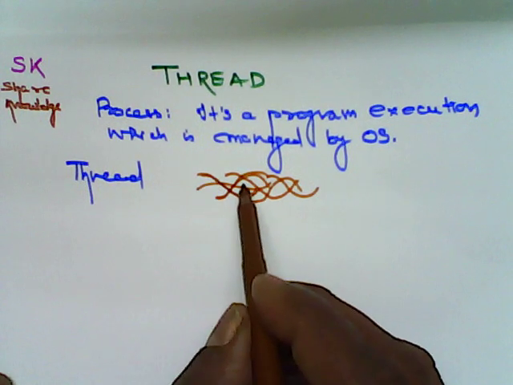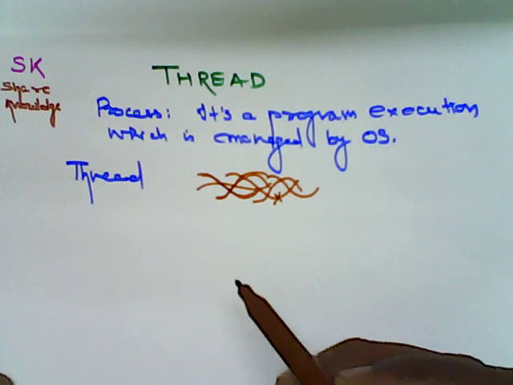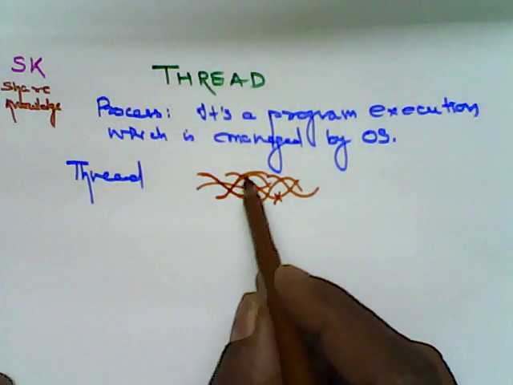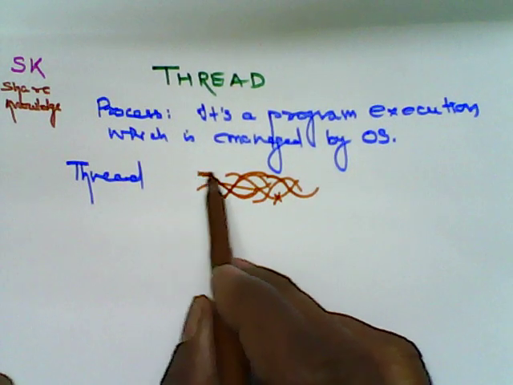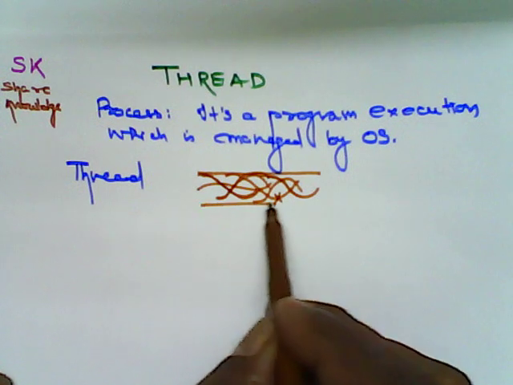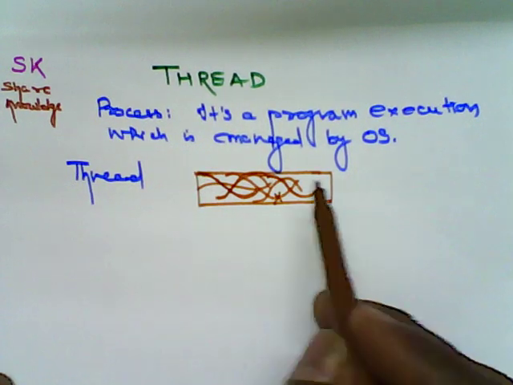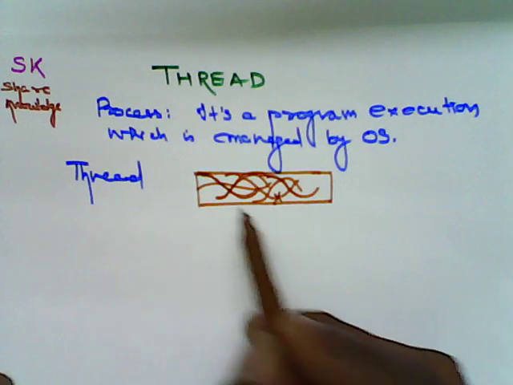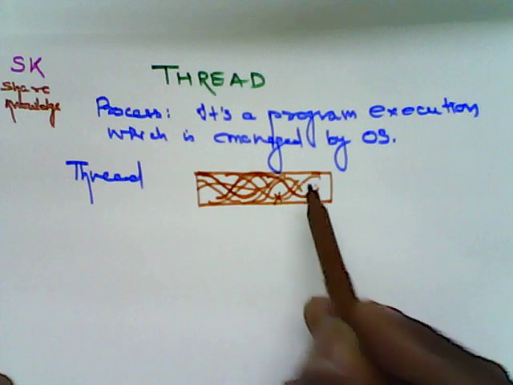In a rope, say that by some means one thread breaks, the other thread will try to take care of it. That means if these things are put together, then it becomes a process, whereas an individual component is a thread.